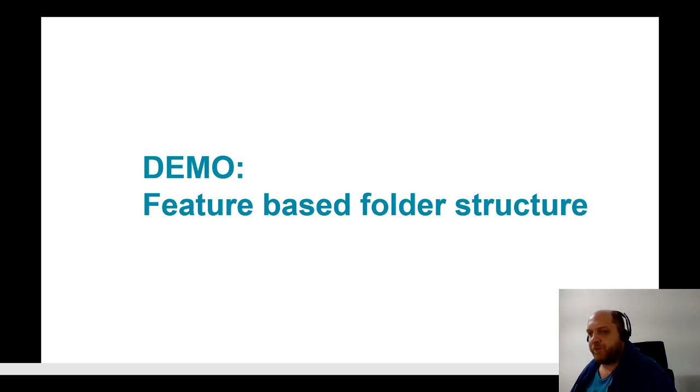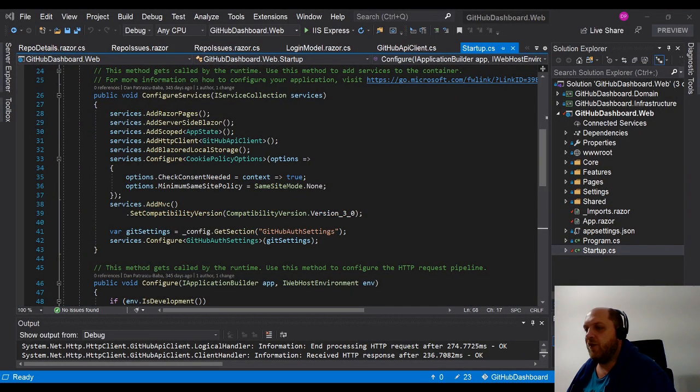And here I have Visual Studio with a Blazor application. It is essentially a server-side Blazor application that I have created for demo purposes, but the application itself is working. We can even run this to check if it's working correctly.